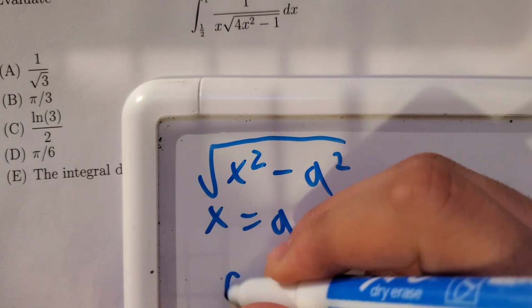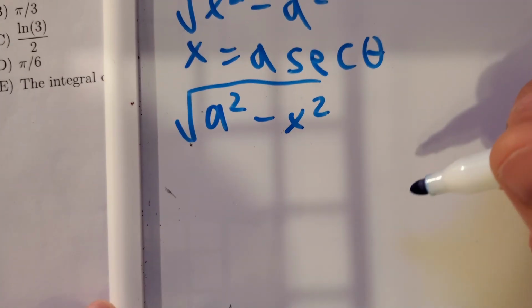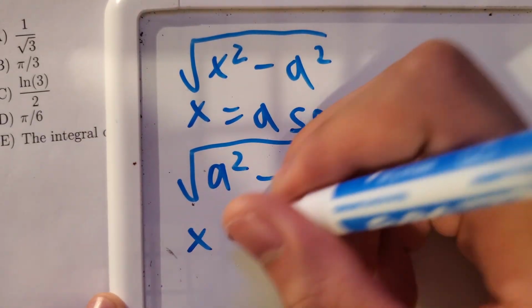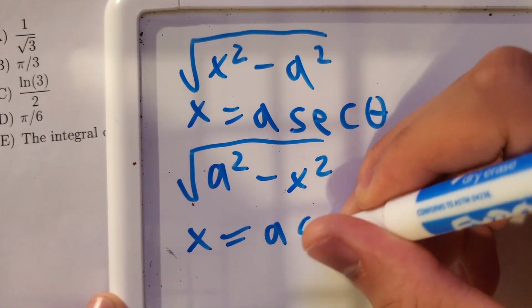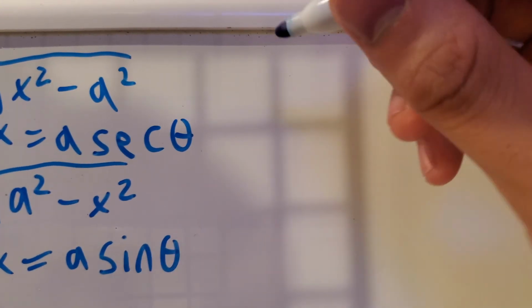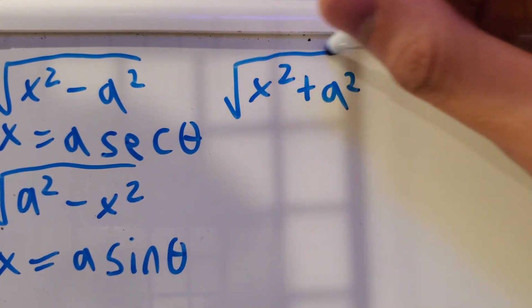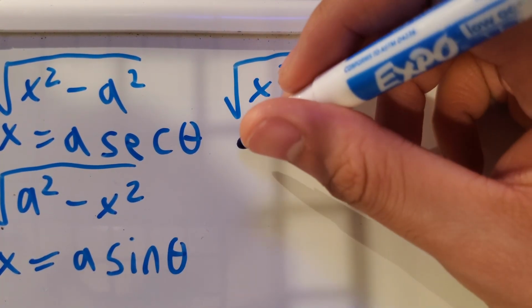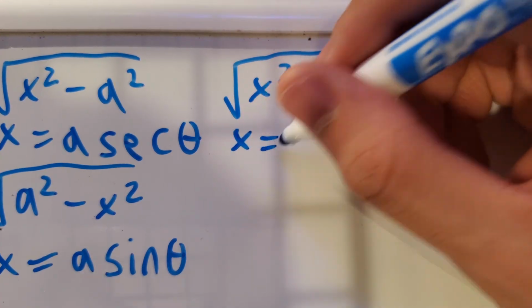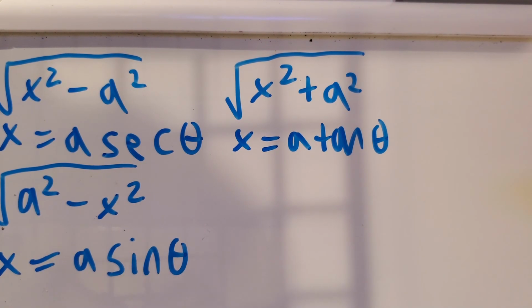If you see an a squared minus x squared term, you're going to want to do an x equals a sine of theta substitution. And lastly, if you see an x squared plus a squared term within a radical like this, then you'd set x equal to a tangent of theta.